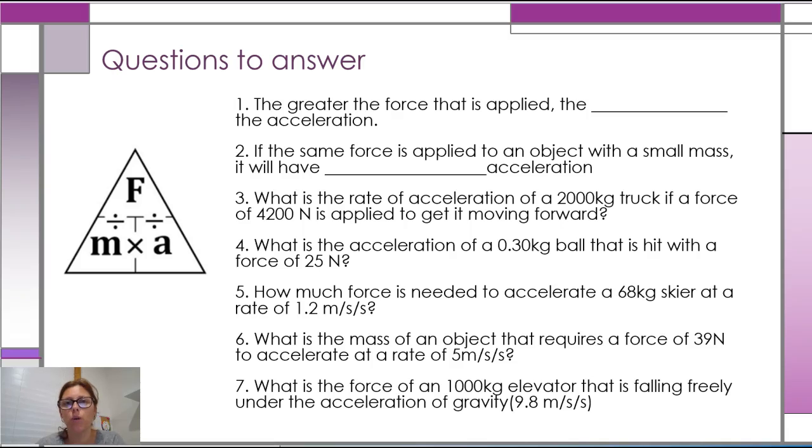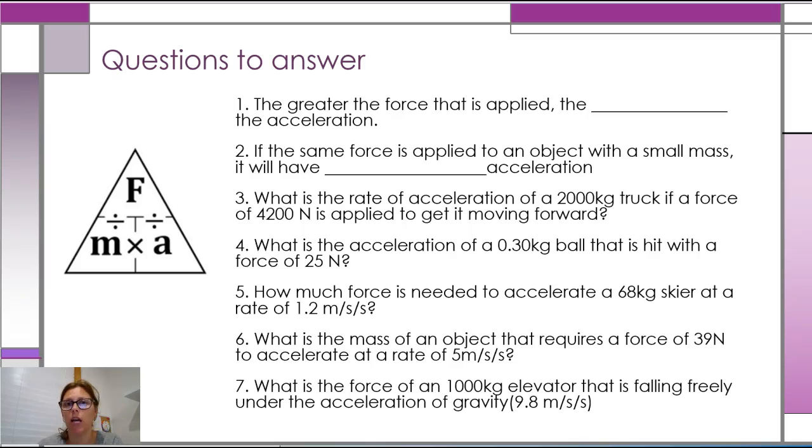So we're going to work through the first couple, and then there will be some further questions for you to complete on your own, and the answers will be sent out to you later so that you can check and see how you're going. If you have any trouble with any of the questions, please send me an email so that we can fix those up straight away. Don't leave it to once we return back to school to do those.